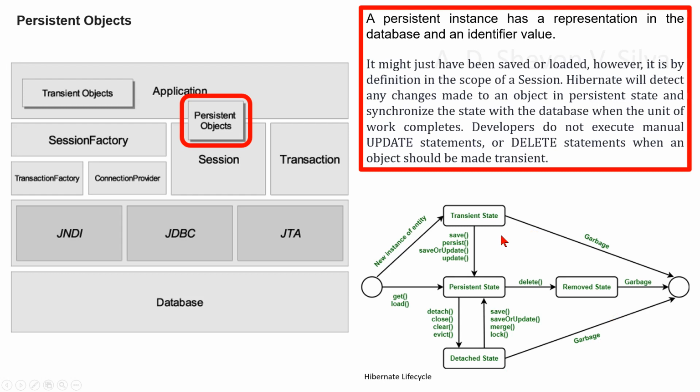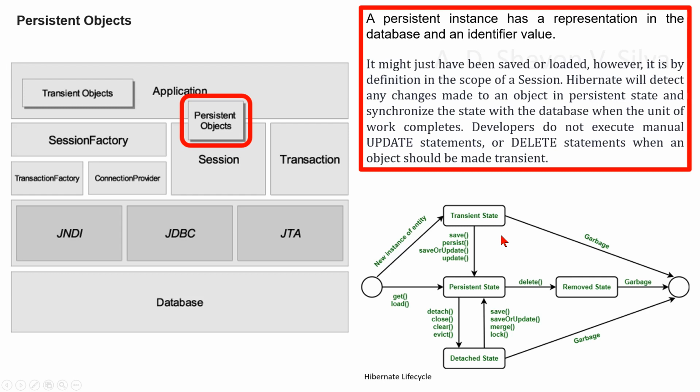The transient state is the first state of an entity object. When we instantiate an object of a POJO class using the new operator, then the object is in the transient state. This object is not connected with any Hibernate session.